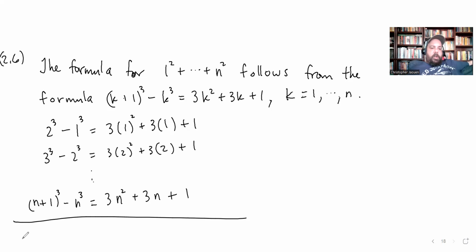If you add all these things up on the left hand side, you'll notice that all the middle terms cancel out, so you end up with this.